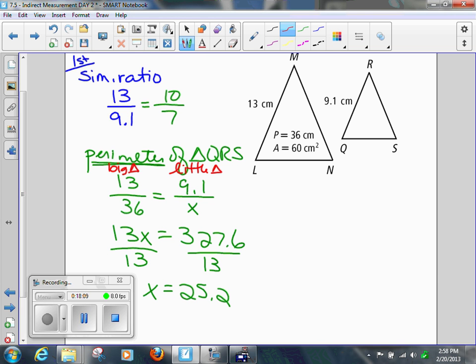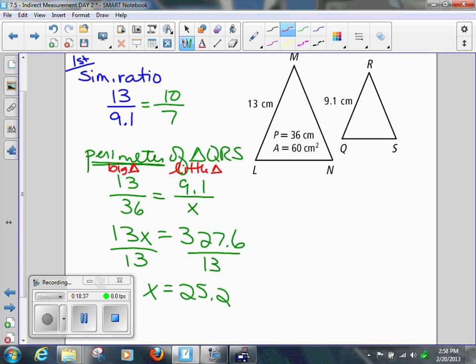Now, does this perimeter make sense? 25.2 for that little triangle. Yes, it does. Look at something else. Clearly, it's a smaller triangle, isn't it? Visibly, look at it.